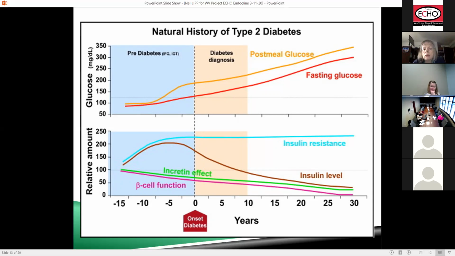Would this be a time that you would really want to push weight loss and exercise before you did anything else? And I'm assuming that their blood sugars are not well controlled. So if anybody wants to give their opinion, please unmute and shout out the answer.